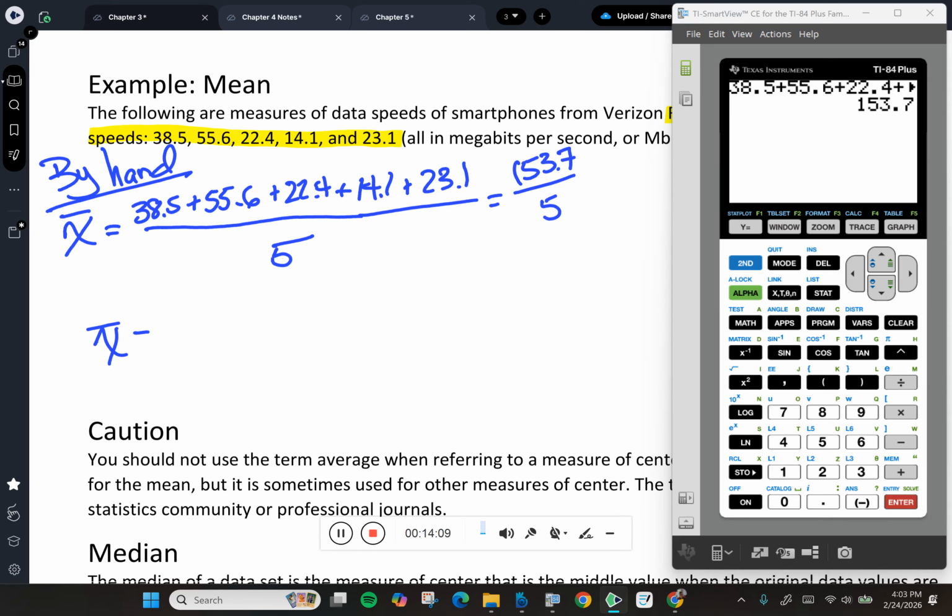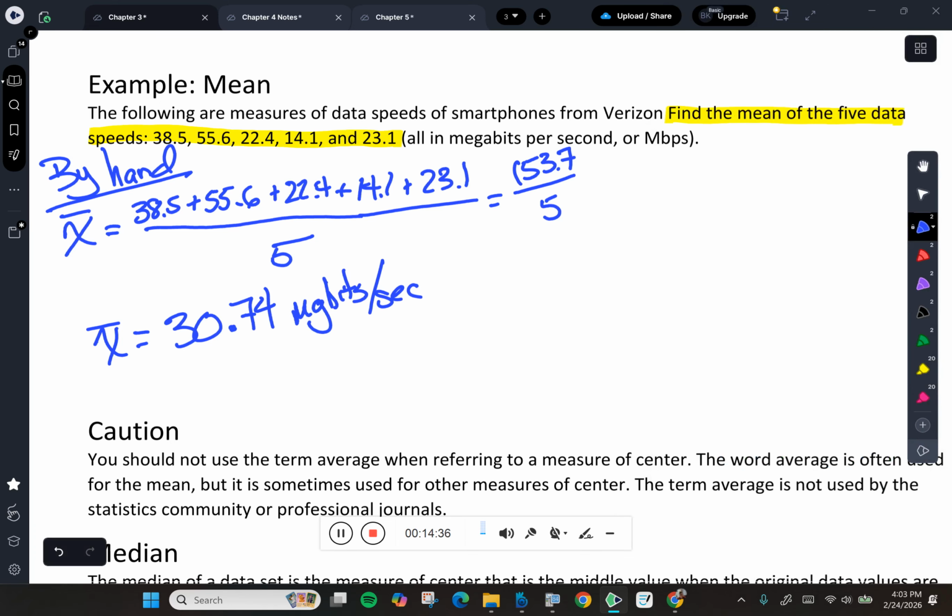So my sample mean is 153.7 divided by 5, and I get 30.74. And these were what? Megabits per second? All right, so then what is this number supposed to tell me?